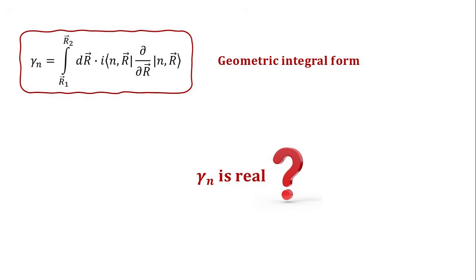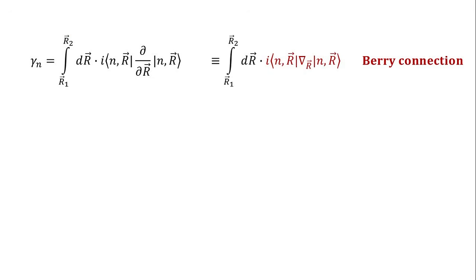If it were not, the wave function's norm would change, violating the conservation of probability. Thus the question arises, can we prove that the Berry phase is purely real? To proceed, let us first rewrite the gradient operator with respect to the parameter vector r in a more standard form.